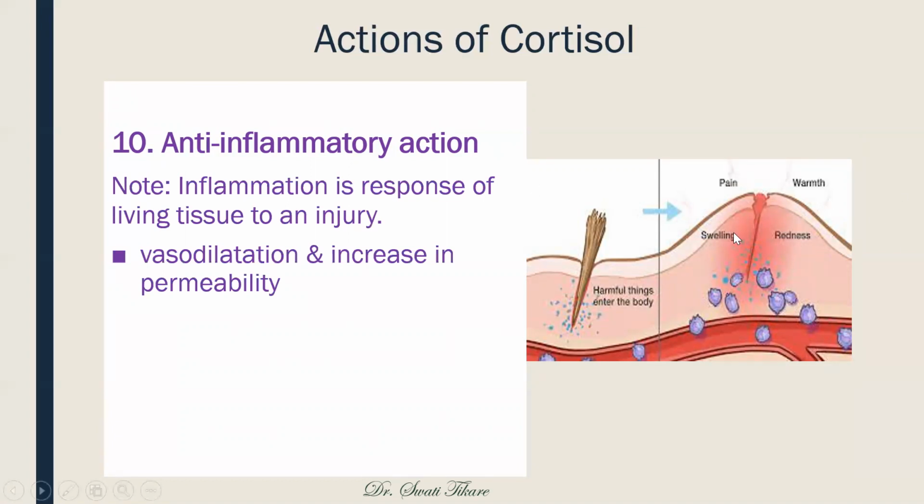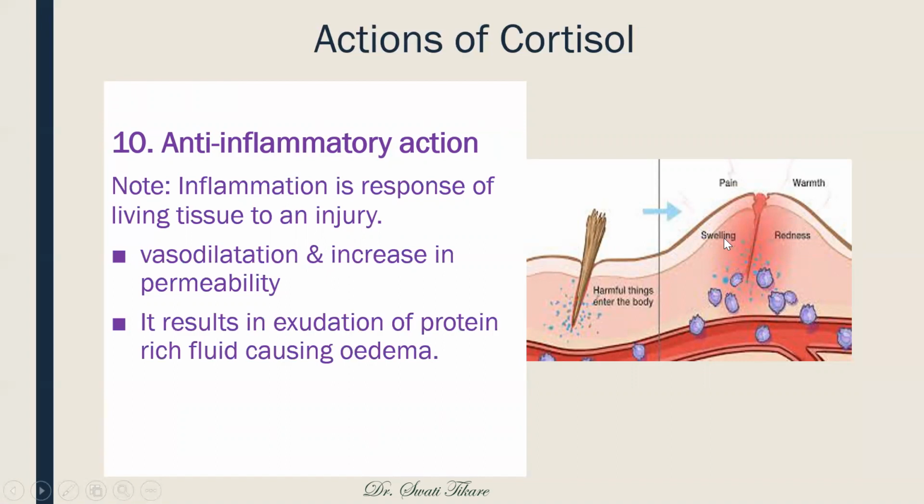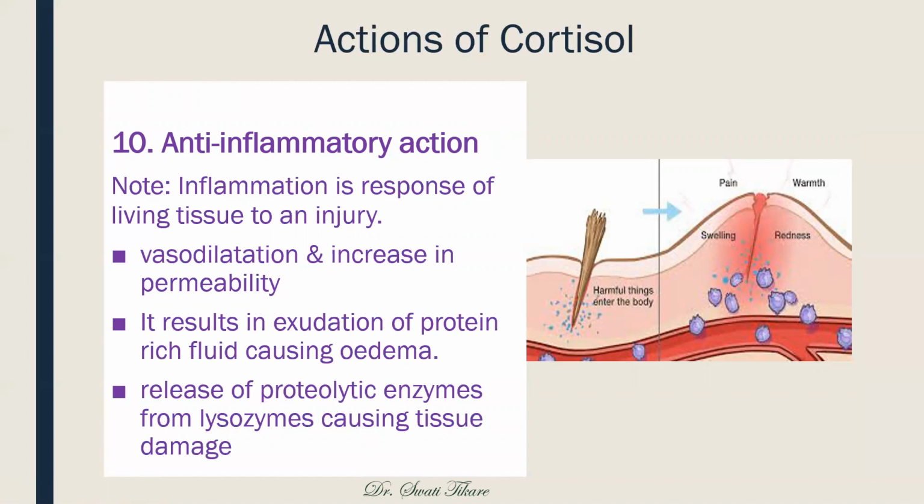That's why there is a swelling happening. It results in protein-rich fluid causing a small edema or swelling there. And a lot of proteolytic enzymes are released from the lysosomes, causing tissue damage. So all these things are happening, which gives rise to the redness, pain, and warmth in that place. Okay, so this is inflammation.